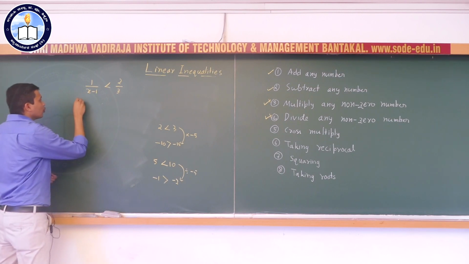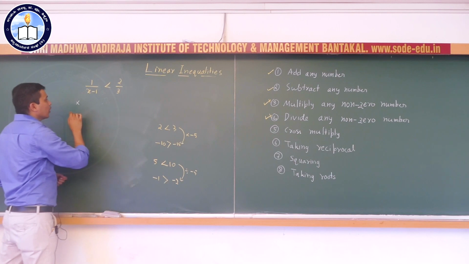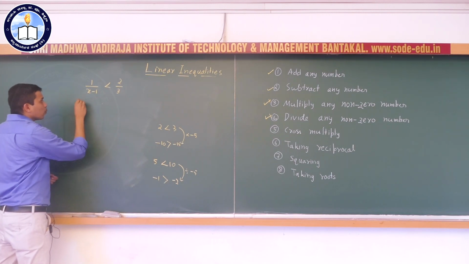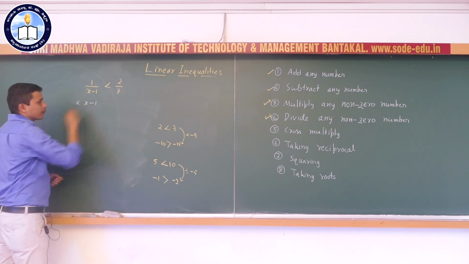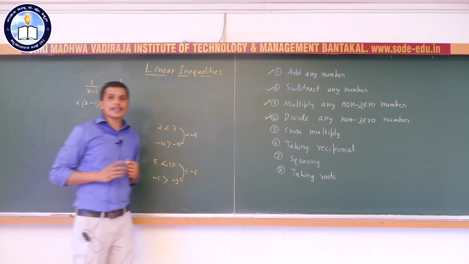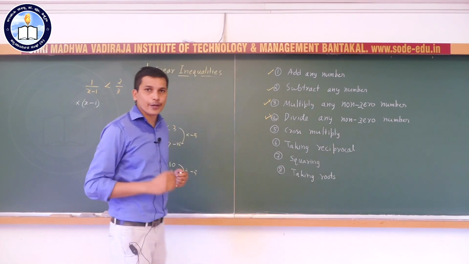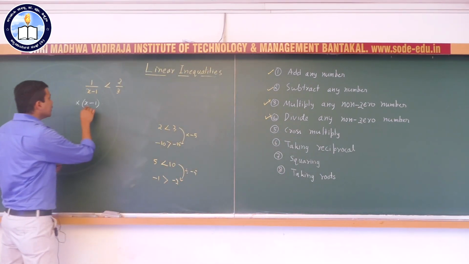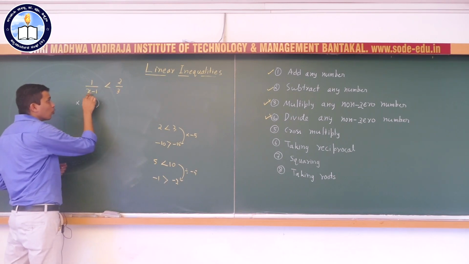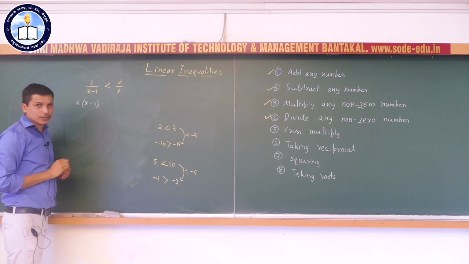You multiply both sides by x minus 1, but I don't know whether x minus 1 is positive or negative. So we can't do cross multiplication with a term containing a variable, just keep it in mind.